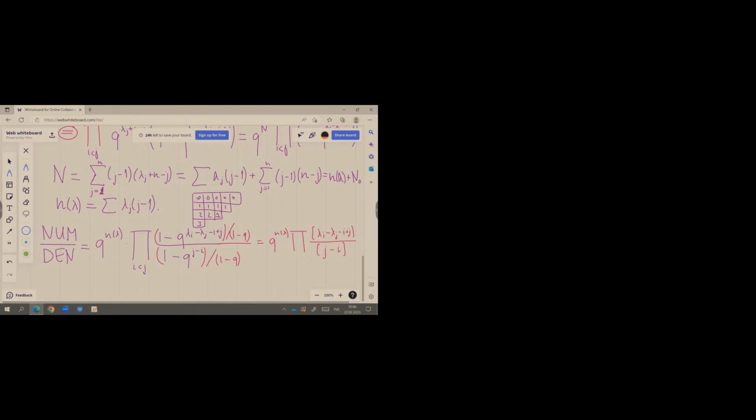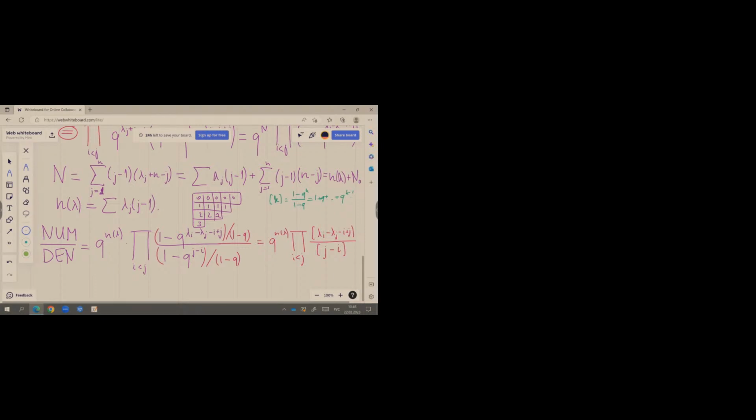Here recall from last time what this stands for: the q integer k is 1 minus q to the k over 1 minus q, which is 1 plus q plus etc. plus q to the power k minus 1. And this is for i less than j. And that's the answer.